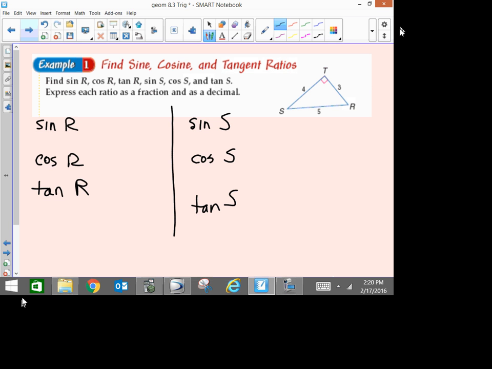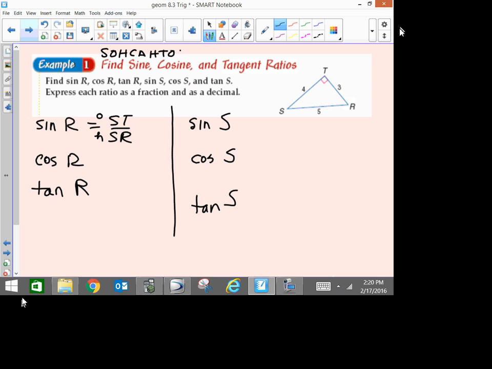Okay, so who can give me the sine of R, in terms of, let's start with the letter sides first. Go ahead, Catherine. ST over SR, she says. Remember, sine is supposed to be opposite over hypotenuse. Let's write that.